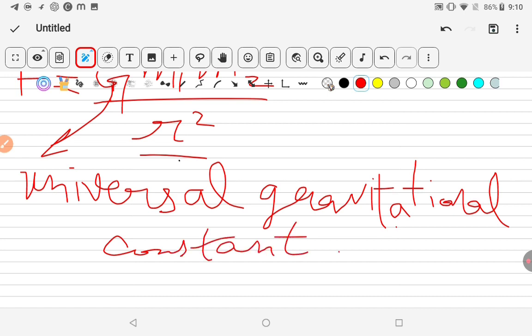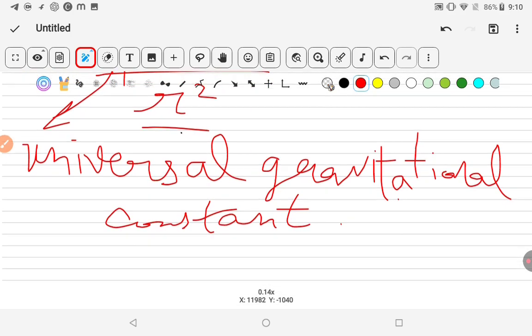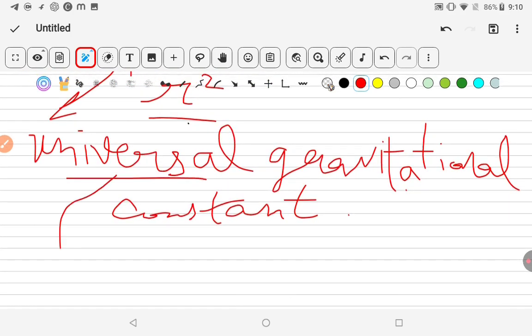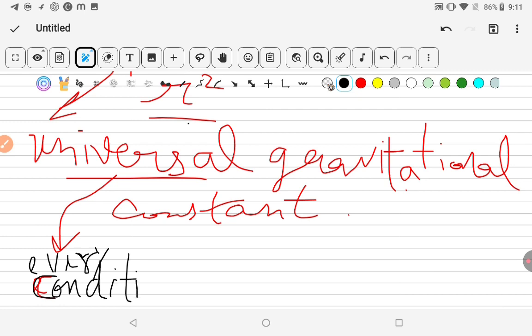Okay, so universal gravitational constant means, first of all, universal here signifies it will remain the same in every condition. Let me repeat myself. In every condition, this value of G will remain the same.